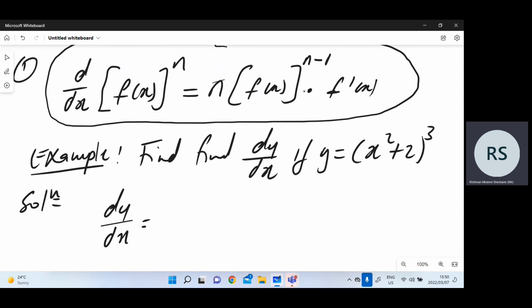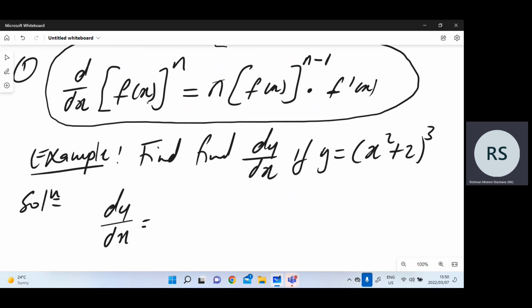Always when you have this form, you can apply this formula. Because I always like to make your life easier, I just say find dy/dx. I'm not saying which method to use, because I'm open to any technique that will help you find the derivative. Another way of finding this derivative is, if I like, I can open the brackets and just differentiate term by term.